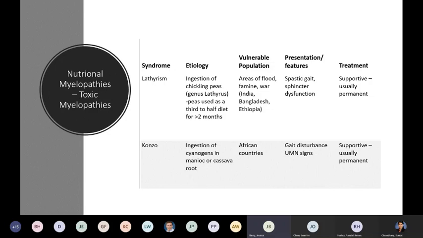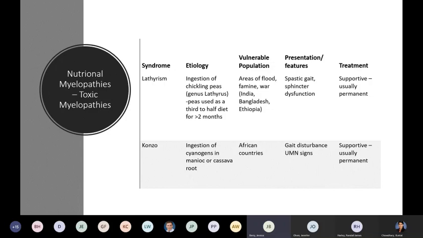Populations vulnerable to this are persons that live in areas of flood, famine, or war with unstable food stores, and resort to the use of these chickling peas as a primary component of diet. Typically they will present with a spastic gait and sphincter dysfunction, and deficits are usually permanent. There's not really any treatment.